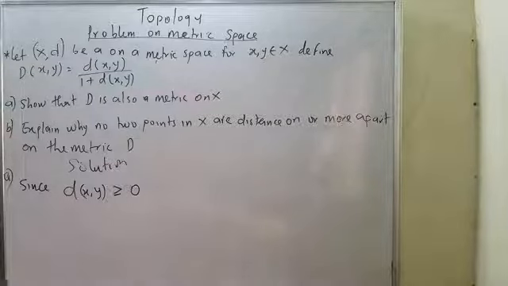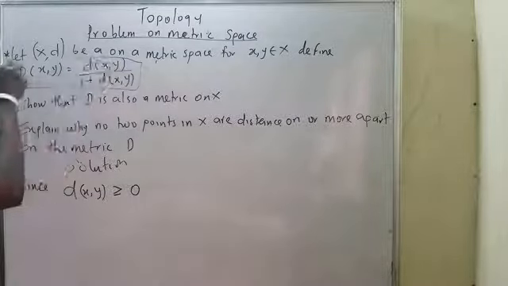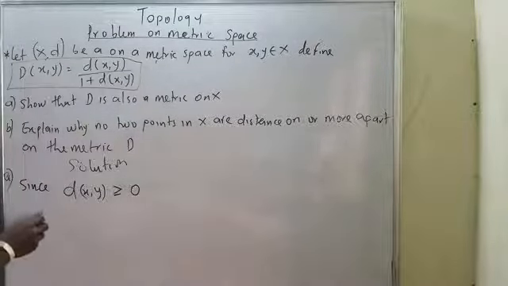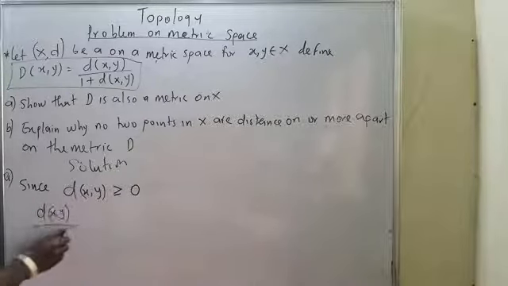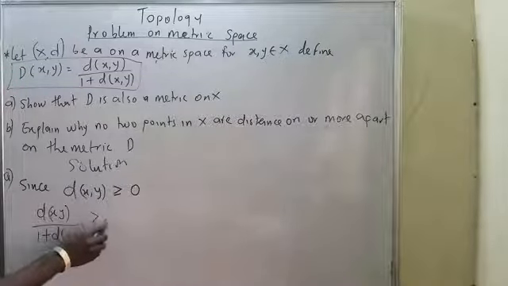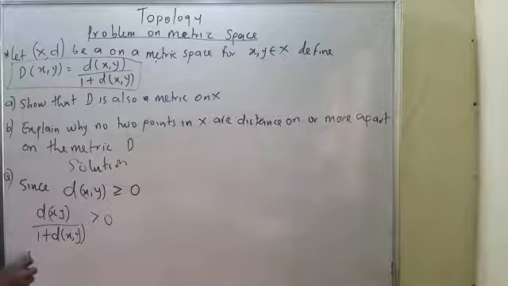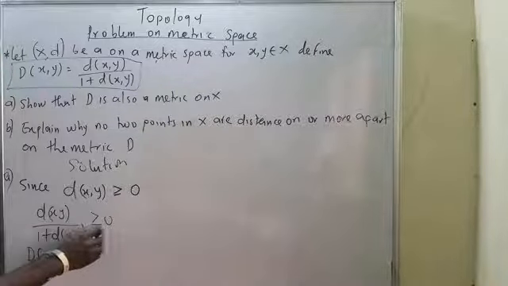Now it means my d of x, y divided by 1 plus d of x, y will also be greater than or equal to 0. That is to say, my big D of x, y is also greater than or equal to 0.